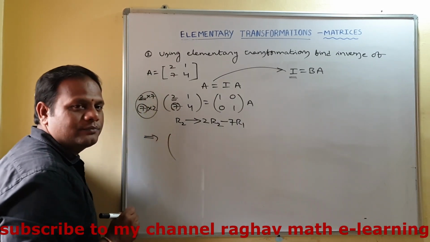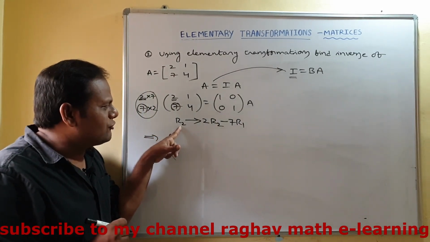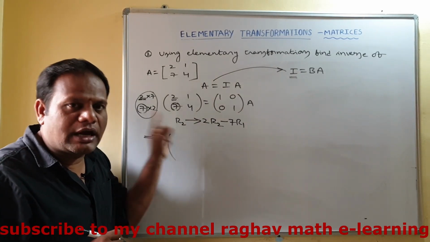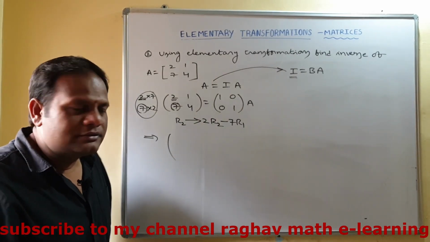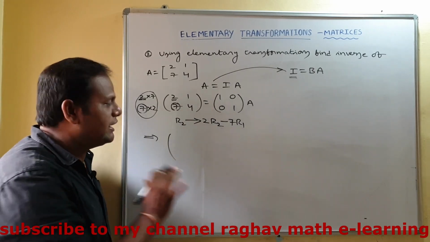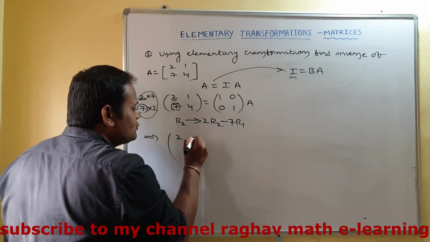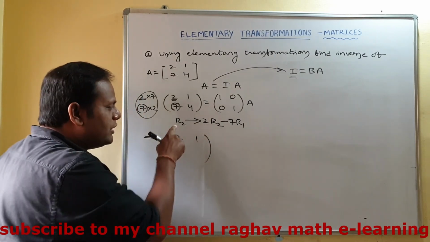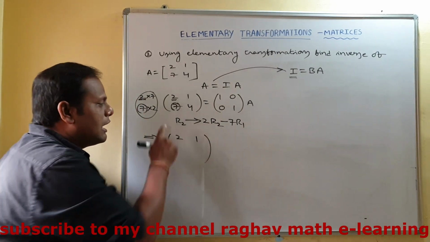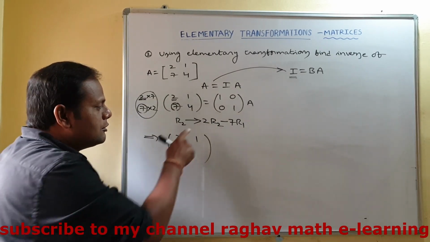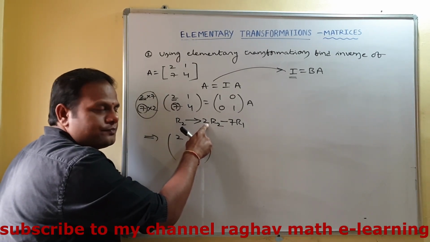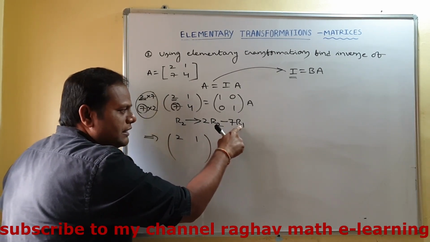Listen carefully. On the left hand side we have taken R2, so only R2 is going to be affected. No change in R1; you take R1 as it is. That is 2 and 1. How is R2 affected? Multiply R2 with 2 minus multiply R1 with 7.